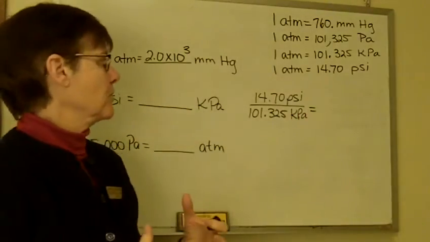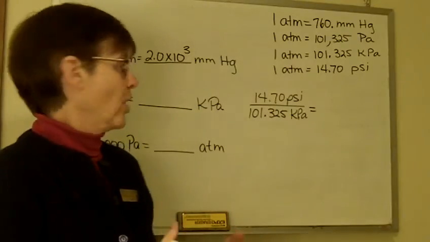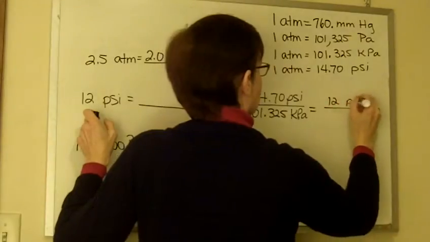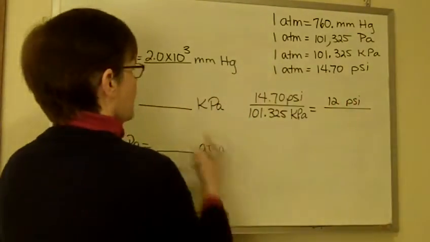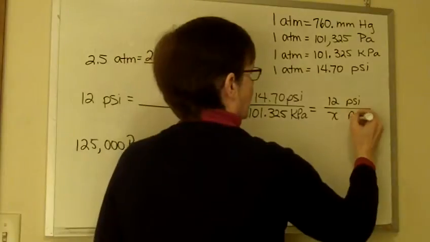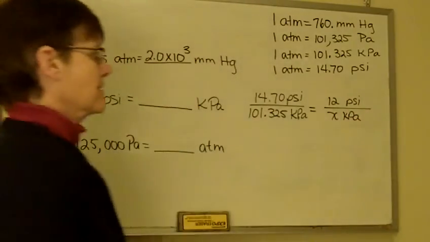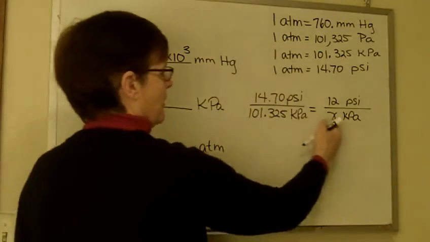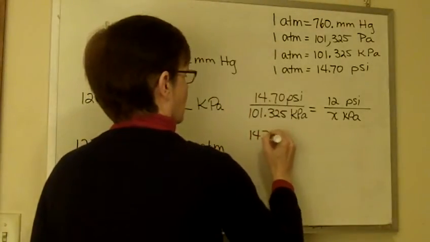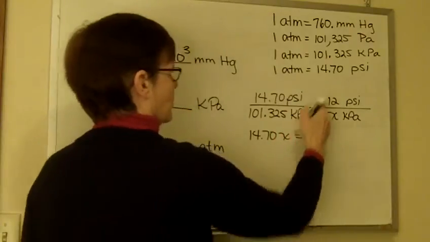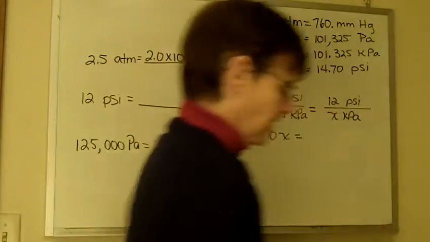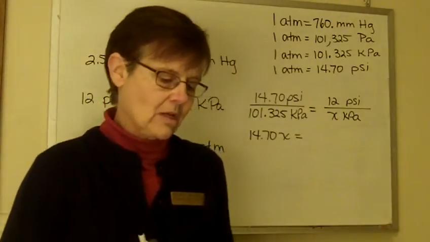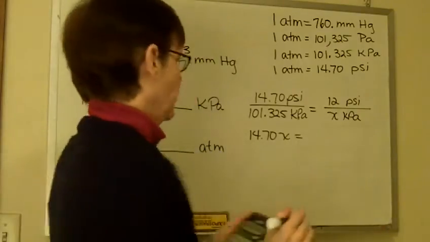So on the other side of the equal sign, I'll take the numbers that are given in the problem, and that is 12 psi and x kPa. So again, I'm going to cross multiply: 14.7 times x equals 12 times 101.325. Can't do that in my head. And that gives me 1215.9.